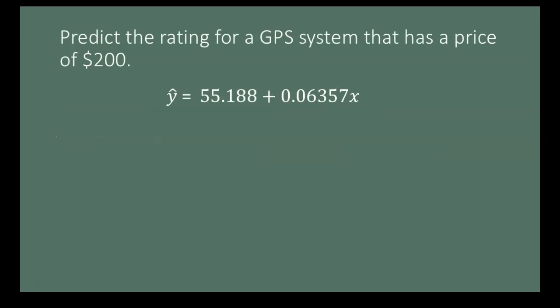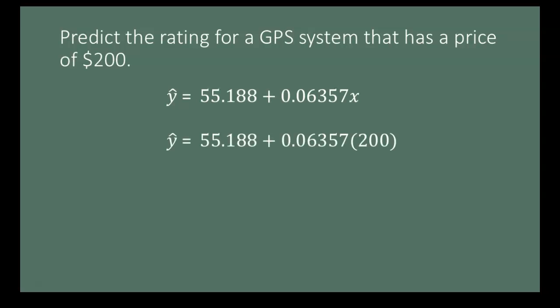So now the second part of this question is to predict the rating for a GPS system that has a price of $200. So we're going to use that y hat formula that we just found. So that 200 is a price, and our prices were our x values.